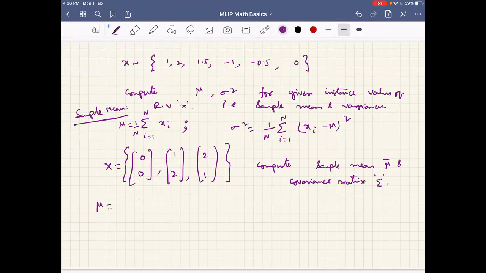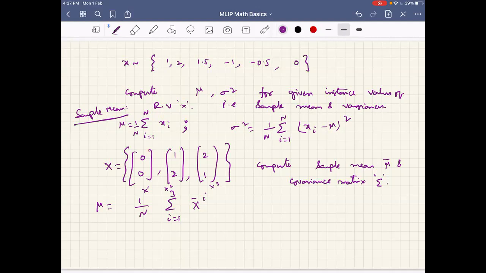The expression for sample mean is 1 by n, summation xi. Please note that each is a vector, i equal to 1 to 3 here, as there are 3 samples. This is the sample index, not the feature index. If you want to differentiate, xi is the ith sample: this is x1, this is x2, and this is x3.